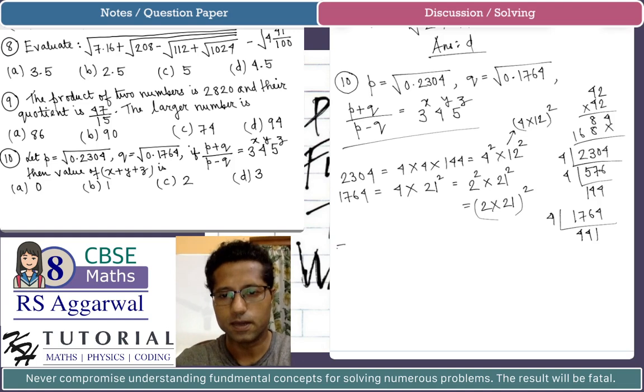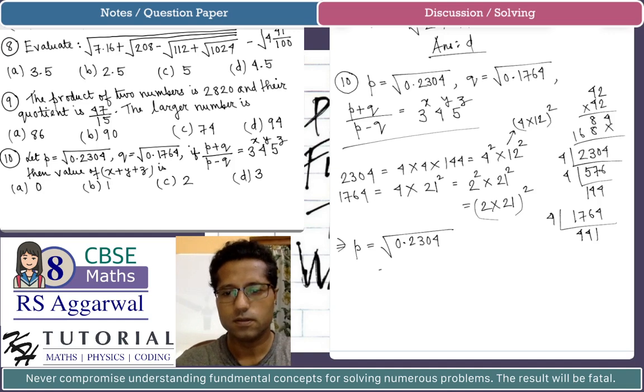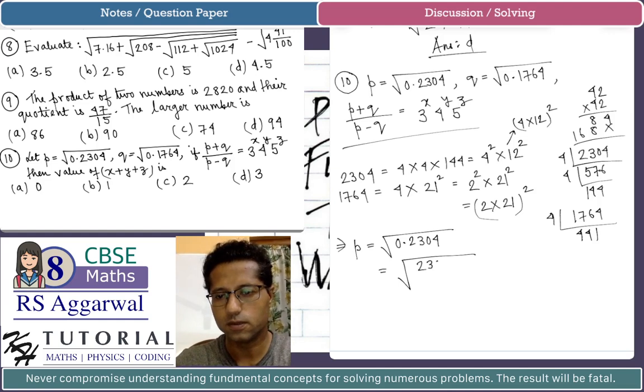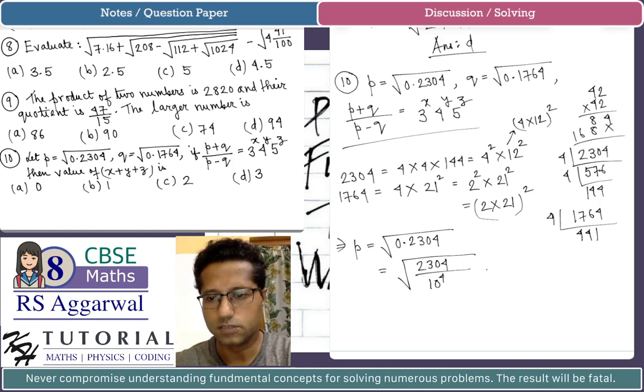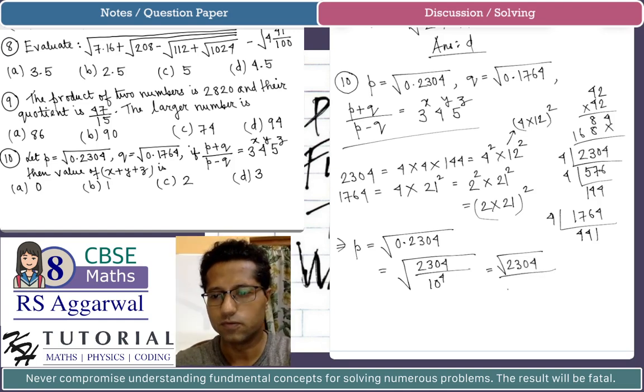So this will imply P is equal to the square root of 0.2304. If I convert the decimal to a fraction, it is 2304 divided by 10 to the power 4, because the decimal places is 4. Now this we can write as the square root of 2304 divided by the square root of 10 to the power 4.